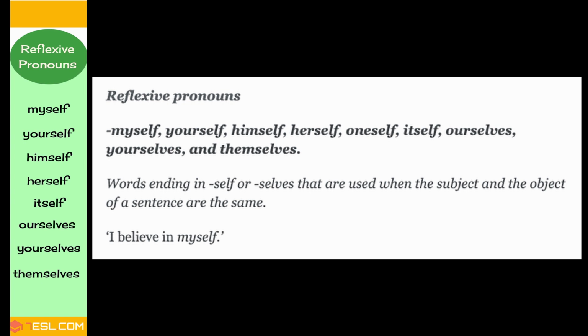Okay, so not I believe in me, but I believe in myself. Okay, so when you're talking about the subject, the start of the sentence, and the object at the end of the sentence or the clause, we use myself instead of me, yourself instead of you, himself instead of him, etc.